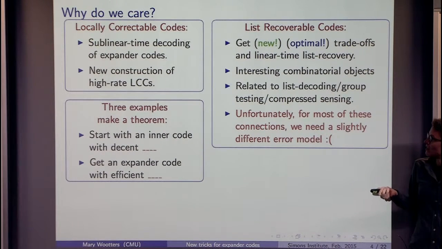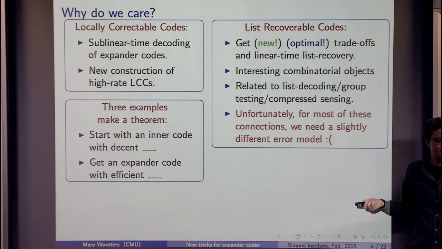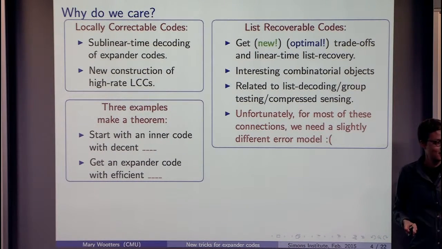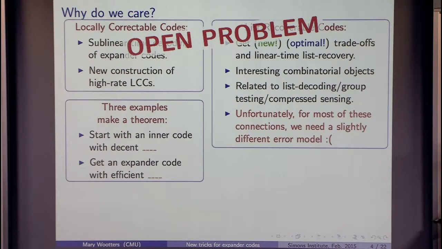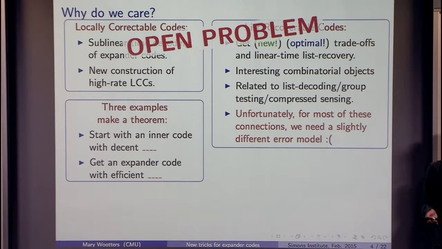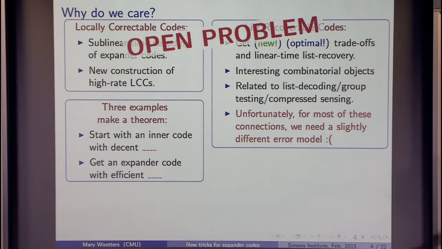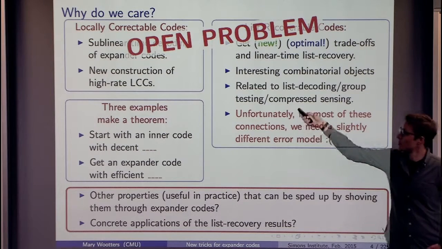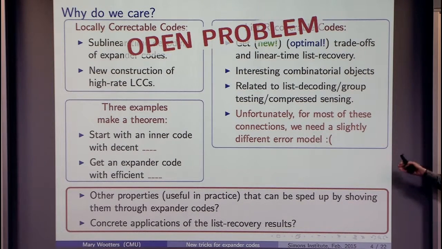But the main reason I'm talking about this problem to this audience, from theory to practice, is that I think why we care is still largely an open problem. So this is what I want to ask you guys. Here are a bunch of reasons why I might care, but I think there are lots of other reasons that I don't know yet.